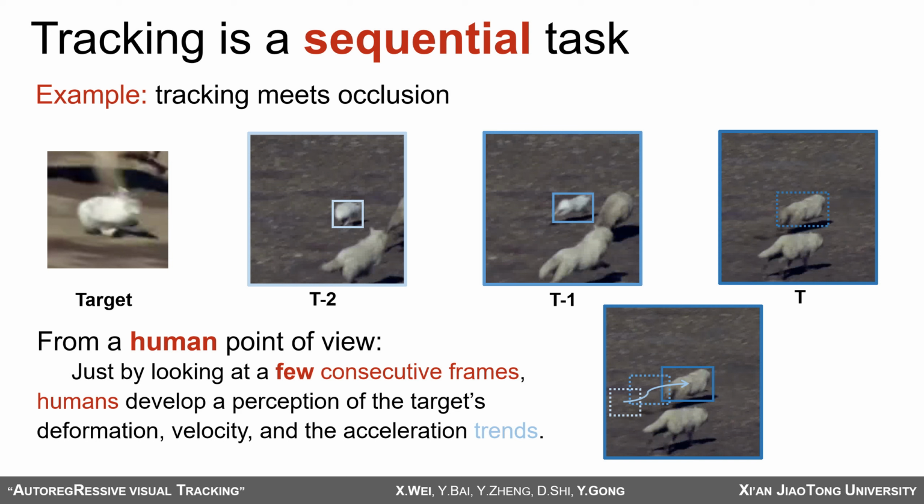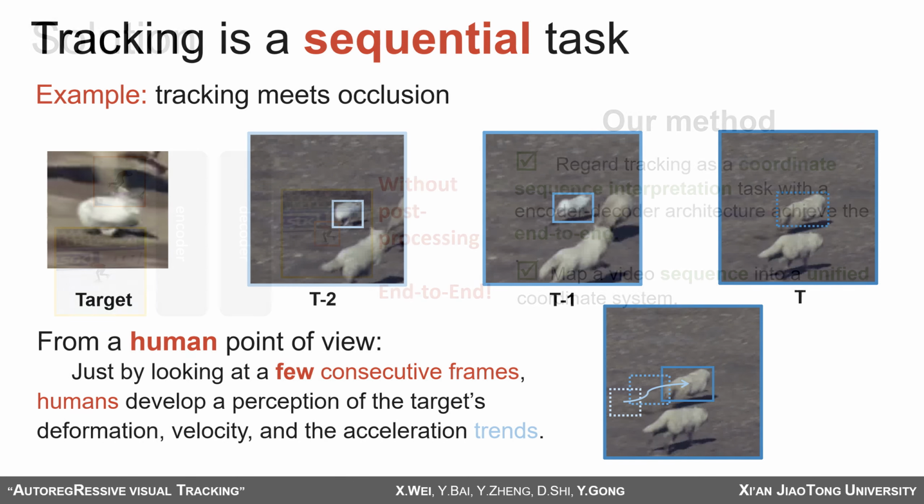It is evident that incorporating abundant temporal data can greatly enhance the accuracy and robustness of a tracker. Humans, for example, leverage temporal information to discern changes in a target's deformation, velocity, and acceleration trends, enabling consistent tracking results even in the presence of ambiguous or temporarily unavailable visual information.